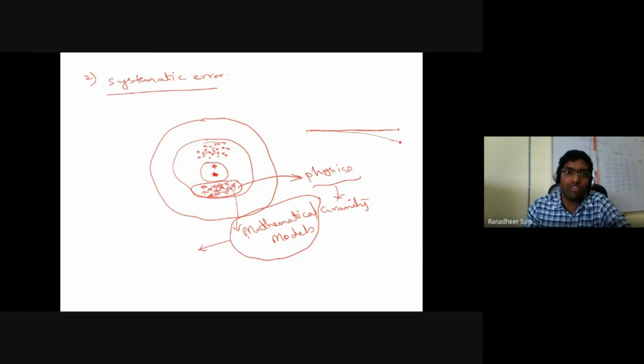And when I try to focus somewhere here, then my bullets might at least go and strike nearer to the target where I was supposed to be striking. Okay. Such kind of error that you are encountering is what we call systematic error.